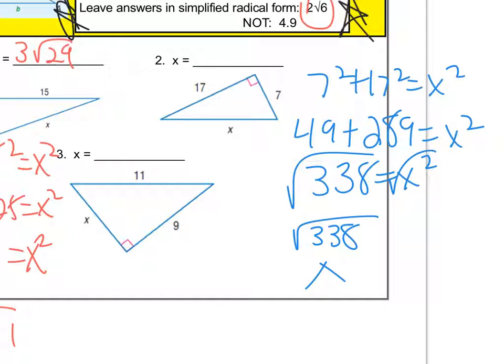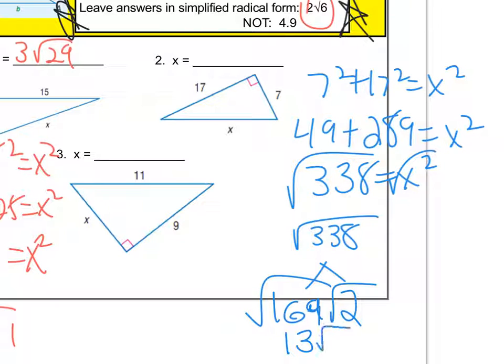So now I've got to start playing around a little bit. Divide by 4, divide by 9, see if anything's going to work. And if I divide this by 2, I get 169 and 2. The square root of 169 is 13. So there's my answer, 13 square root of 2.